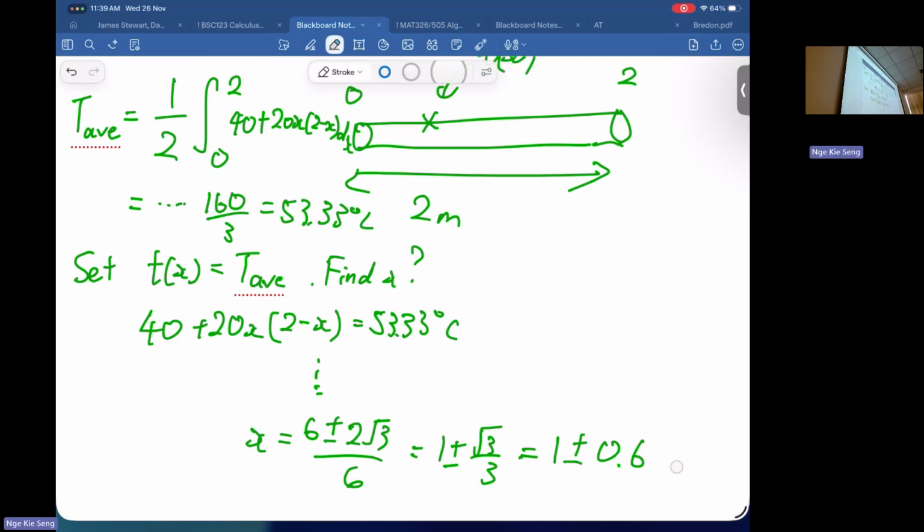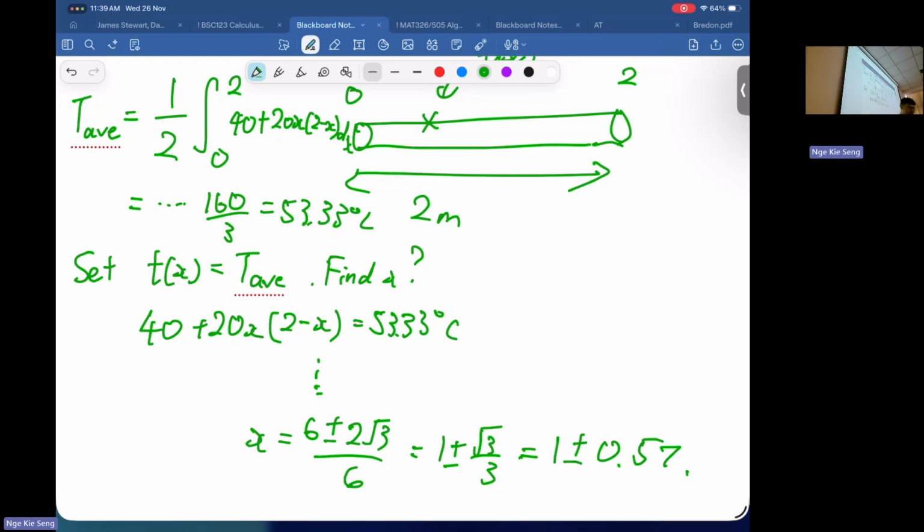Can you give me more decimal places? 0.6 what? 0.5? 5 what? Anyone can press the calculator? 57? Okay, 57. So 1 plus 0.57 is still less than 2. 1 minus 0.57 is 0.43.